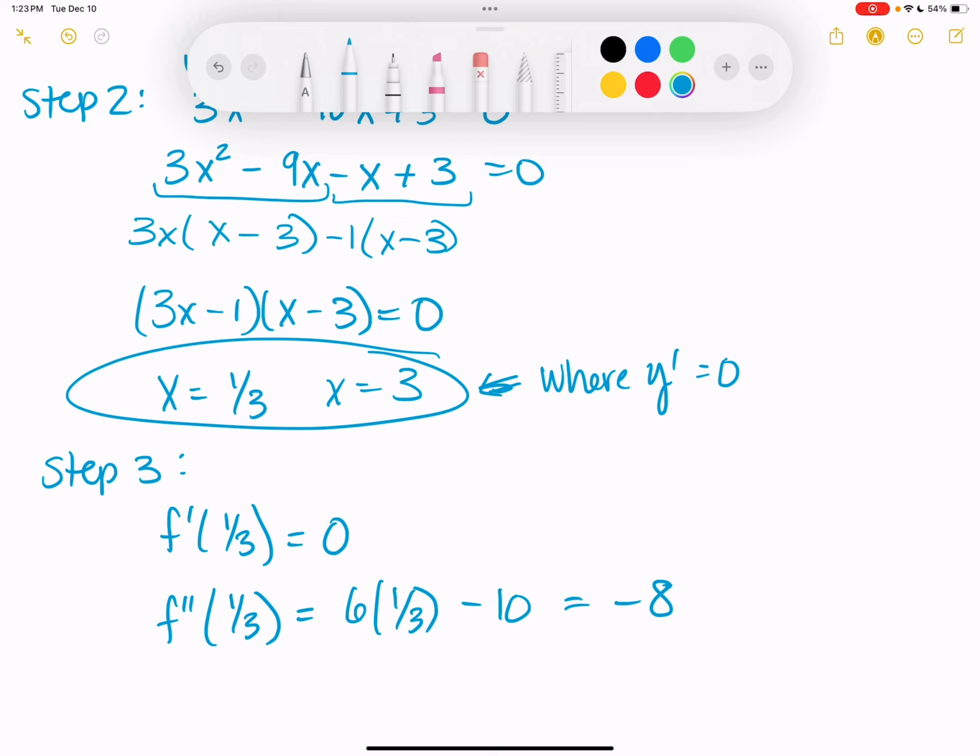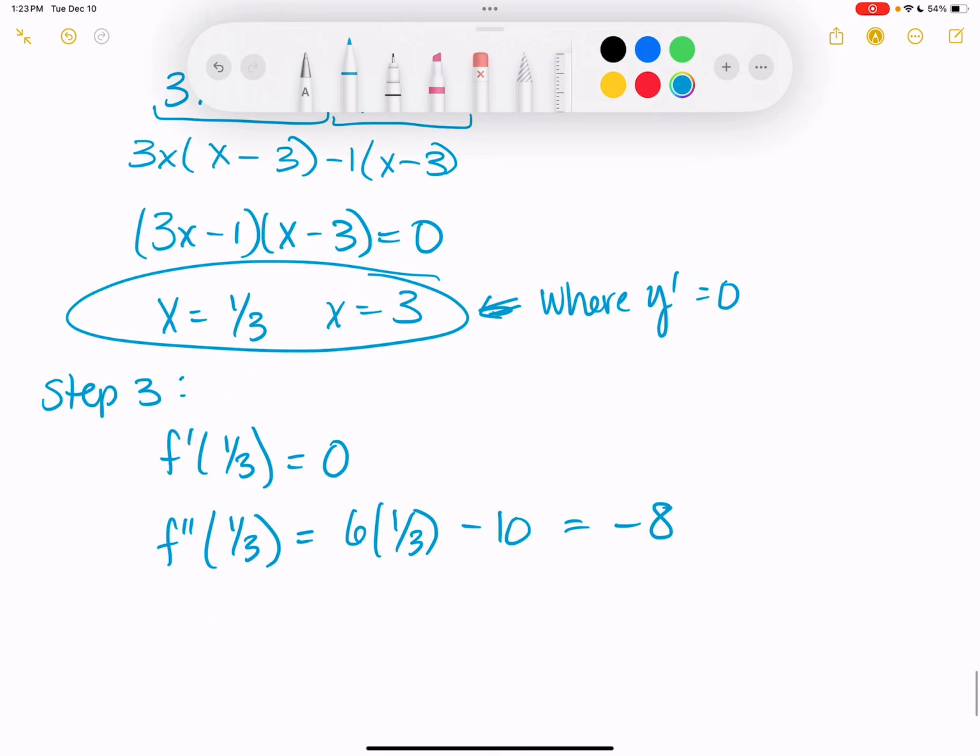F double prime of 1/3 is less than 0. So, it is a max at 1/3.